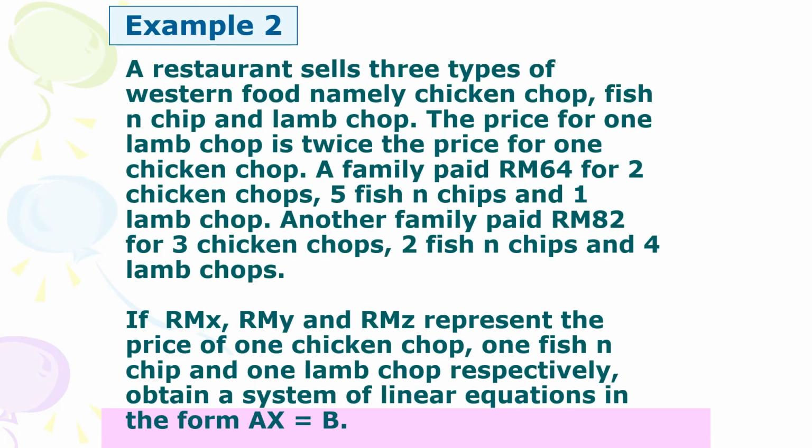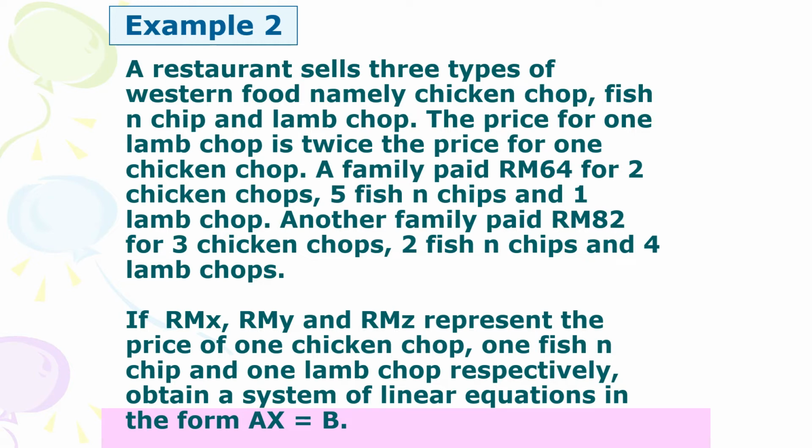Okay, and then for example 2, this is more on problem solving. A restaurant sells 3 types of Western food, namely chicken chop, fish and chips, and lamb chop. The price for one lamb chop is twice the price for one chicken chop. A family paid 64 ringgit for 2 chicken chops, 5 fish and chips, and 1 lamb chop.